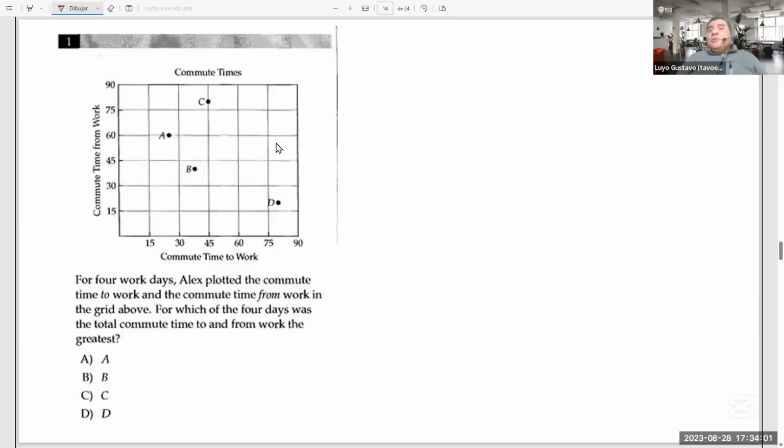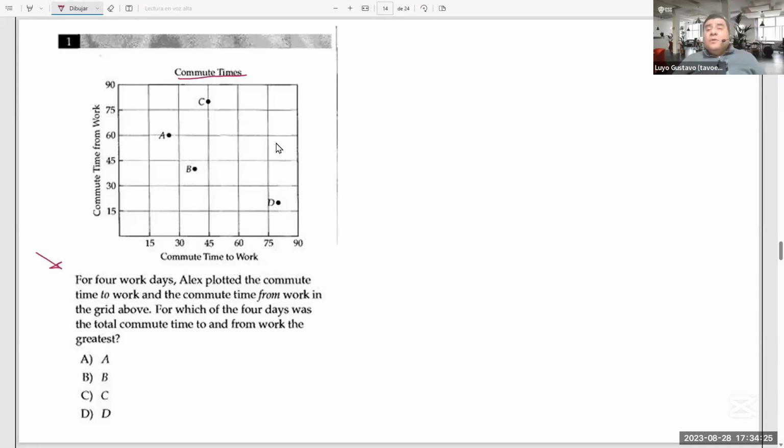Say, for example, this question. What do we see? First, we see a kind of chart, a diagram. It says commute times, and it gives us on the vertical axis the commute time from work, and the horizontal axis is the commute time to work. Then we need to check what the stem says.